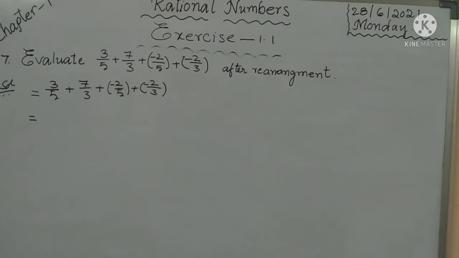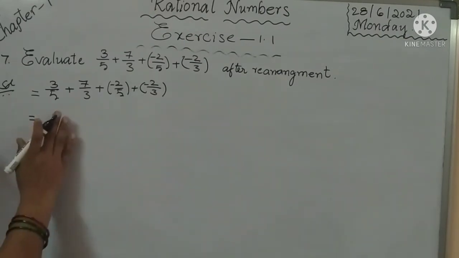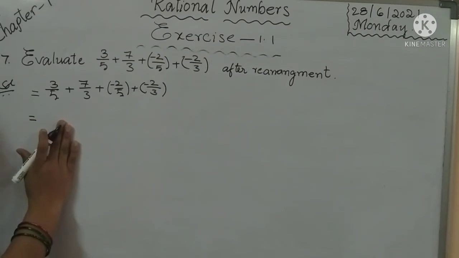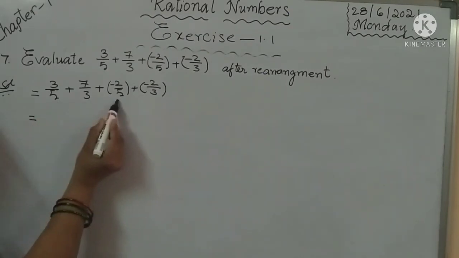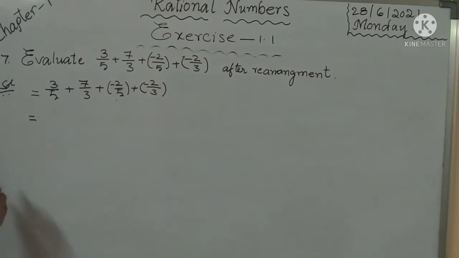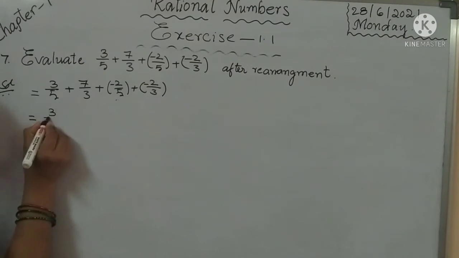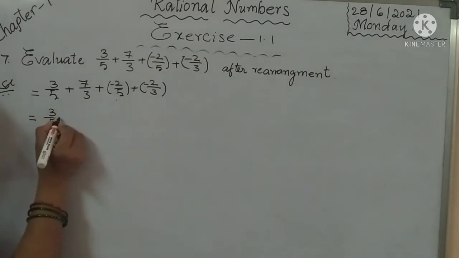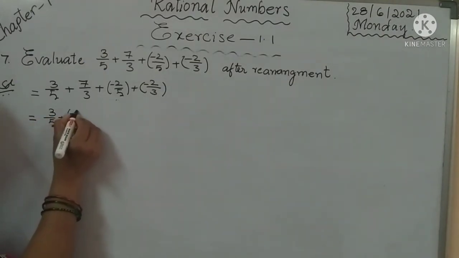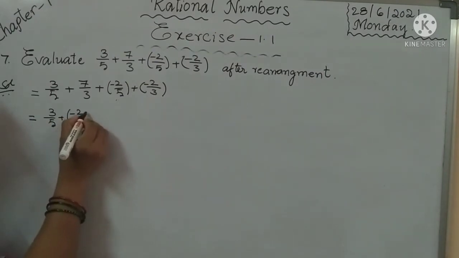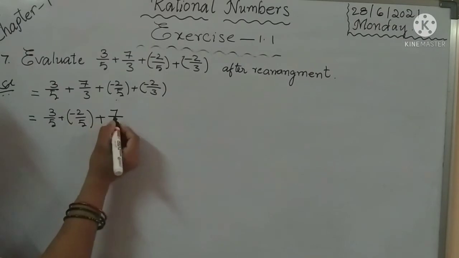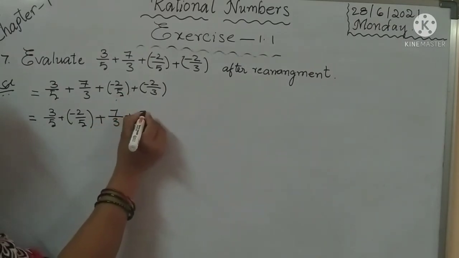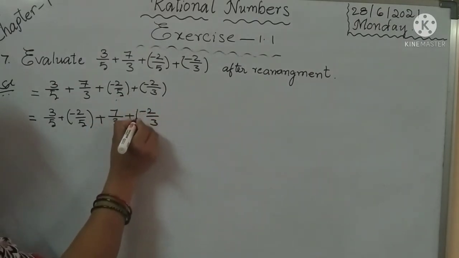So here observe that directly we could do the solution, but here the denominator is the same for some two numbers, so we should write them side by side. So here write 3 by 5 plus of minus 2 by 5 plus 7 by 3 plus minus 2 by 3. Understand here?